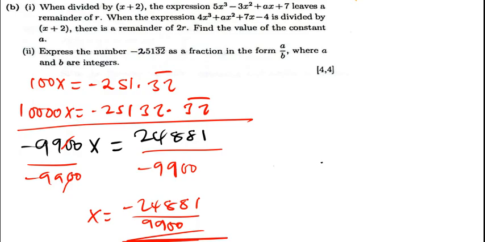If you want, you can do the opposite. What I mean is, you can first put 10,000x and put negative 2.5 this, then you put now 100x being equal to negative 251.32, so you put it here.